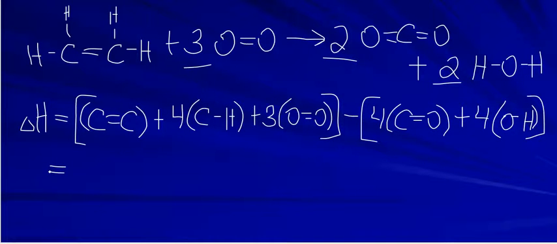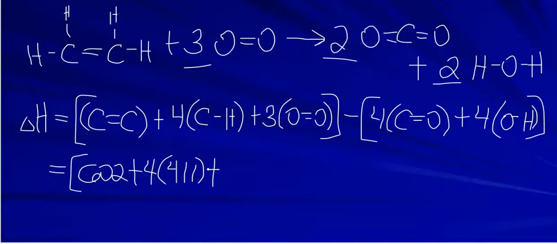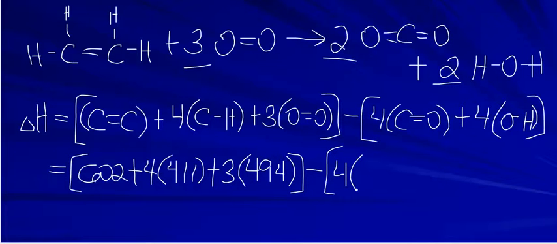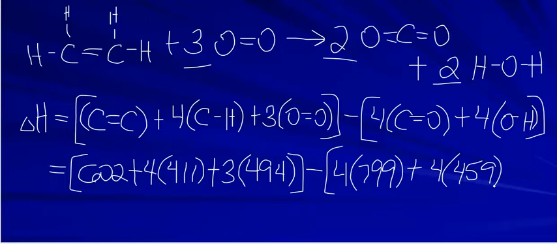Carbon double is 602. Carbon hydrogen is 411. And then oxygen double is 494. Subtract 4 times 799 plus 4 times 459.